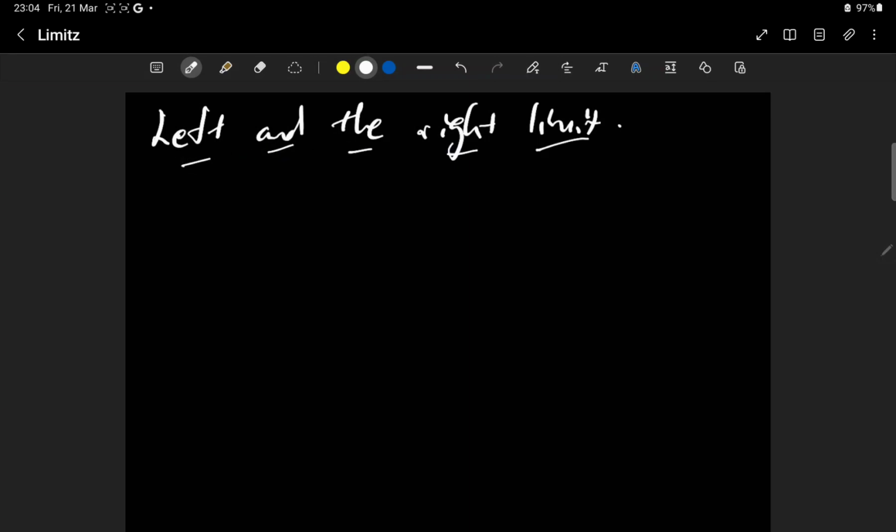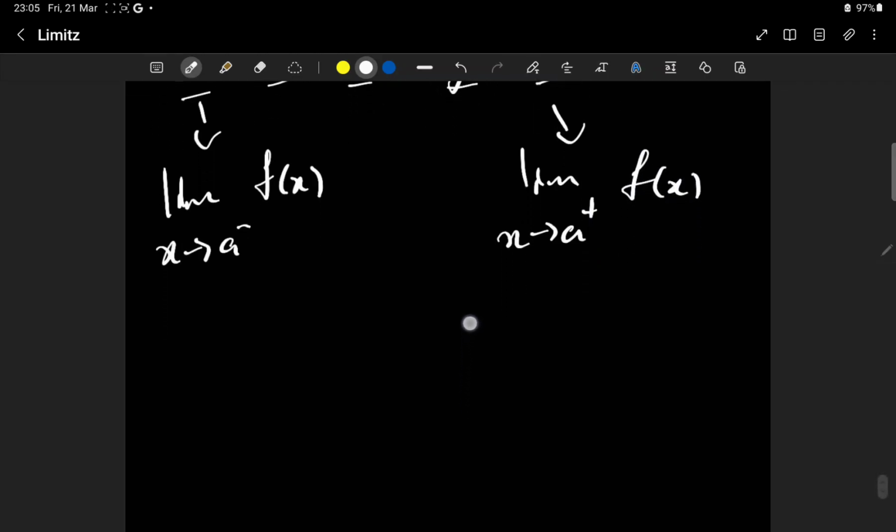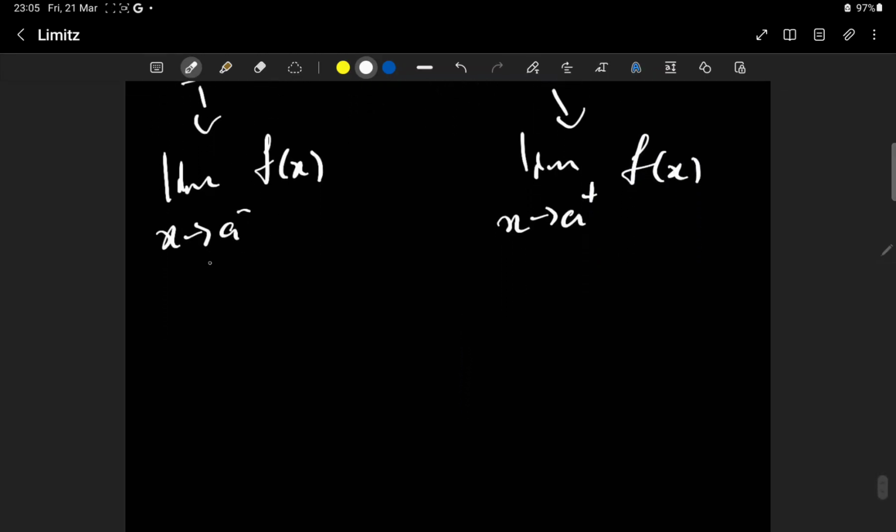For the left limit we use this notation, and for the right limit we use this notation. If I write like this, what I mean is that we're looking for the limit of f of x as x tends to a from the left.